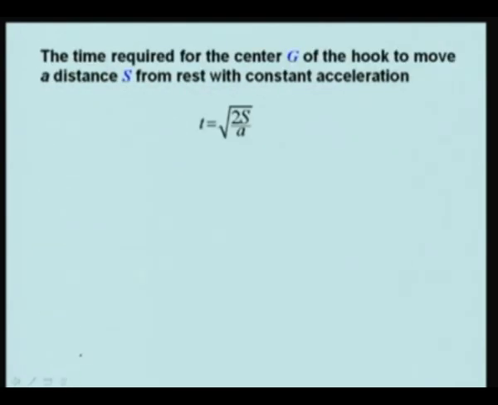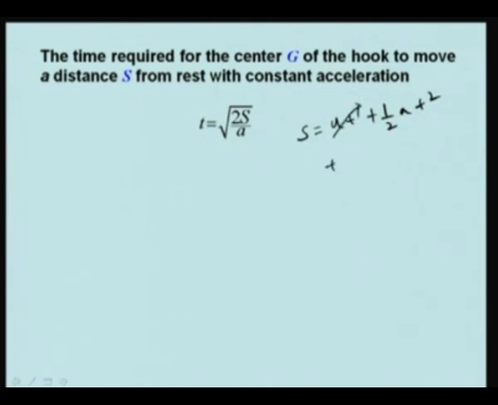Now the time required for the center G of the hoop to move a distance s from rest with constant acceleration can be found by t is equal to under root 2s by a. This is the simple formula s is equal to ut plus half a t square, with u being 0.